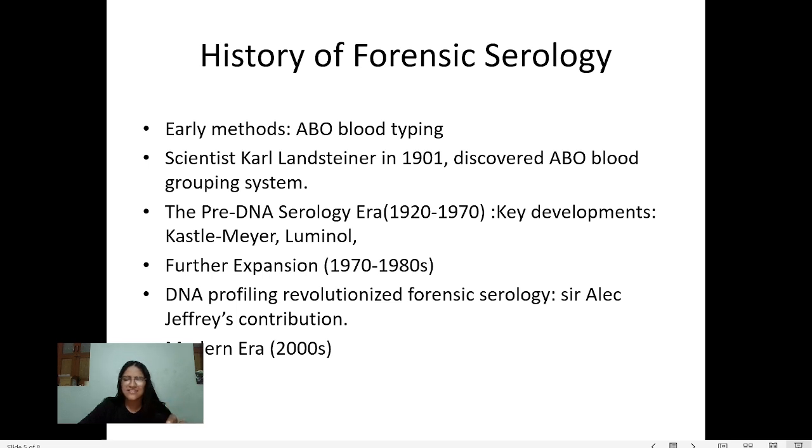These give more information than just blood type, but this doesn't mean they can uniquely identify a person. The period between the 1970s and 1980 is known as the golden age of traditional serology.